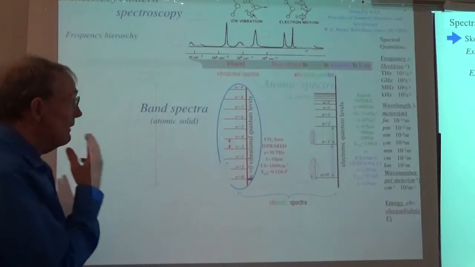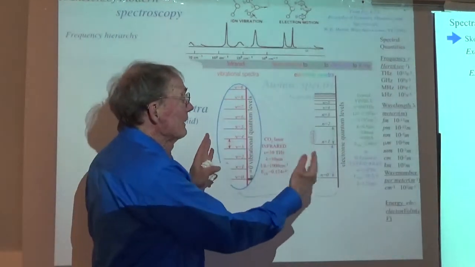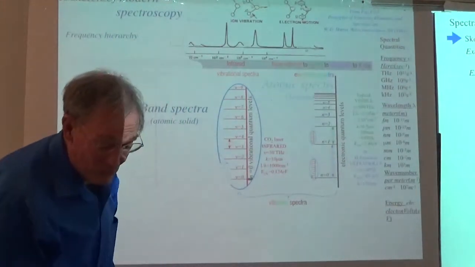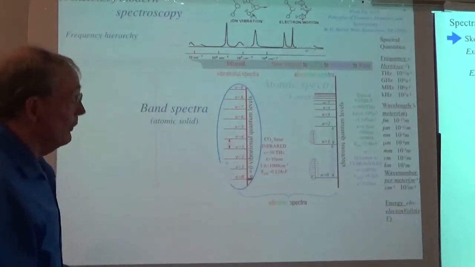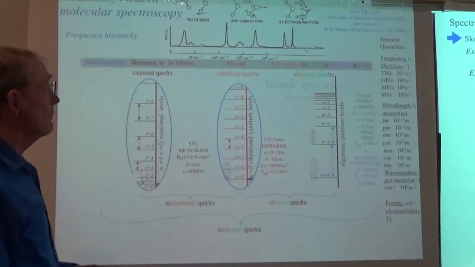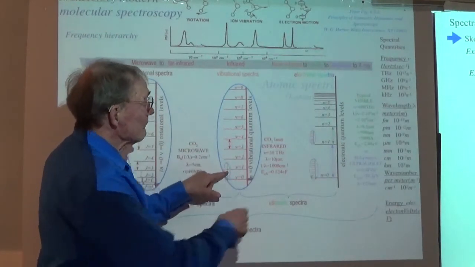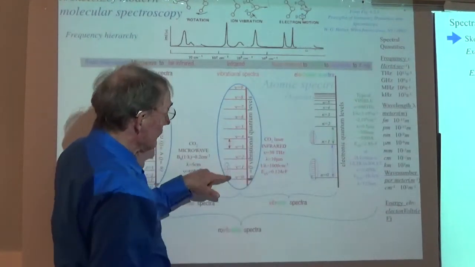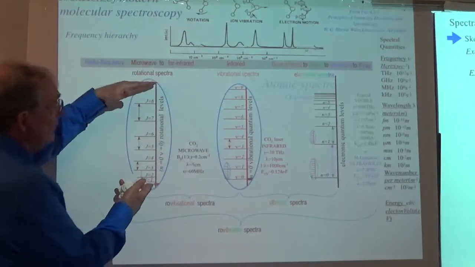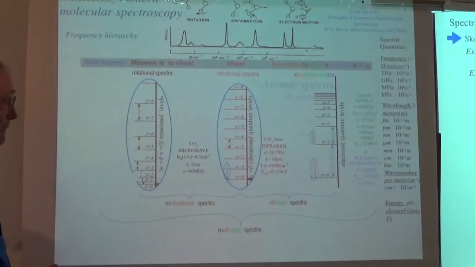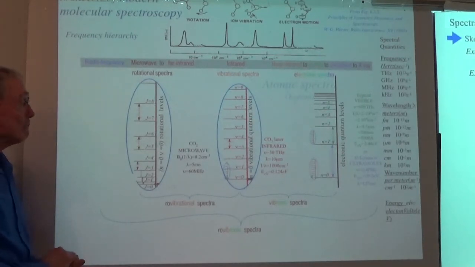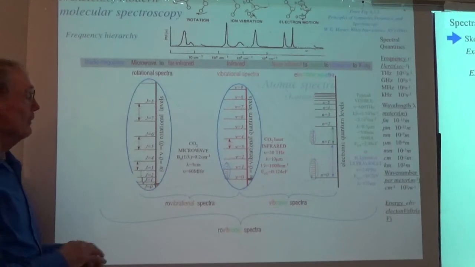Well, that would be the end of the story if you weren't going to let these molecules go free. If you let them go free, then every one of these things also has a rotational spectrum to go with it. So this is one of the things that makes a lot of people very nervous.